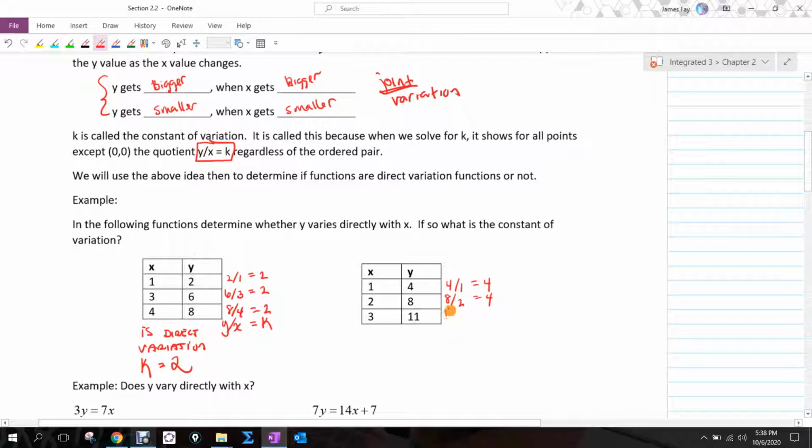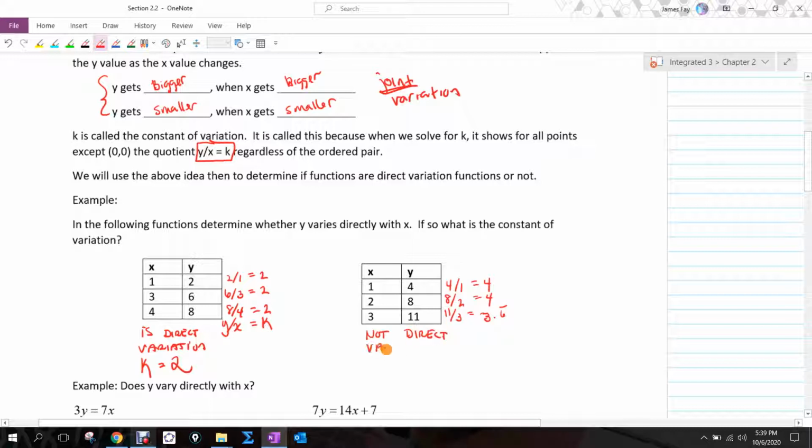If I take 11 divided by 3, that's less than 4, approximately 3 and 2/3, so 3.6 repeating. These are not all the same. Even though these got bigger and these got bigger, they didn't get bigger in the same amount or same ratio. So this is not direct variation.